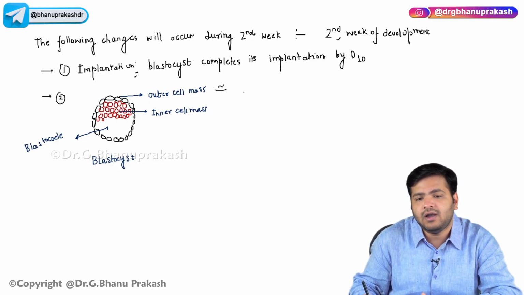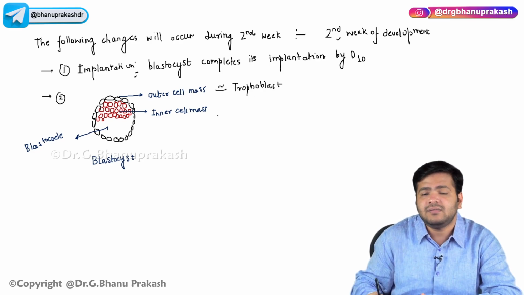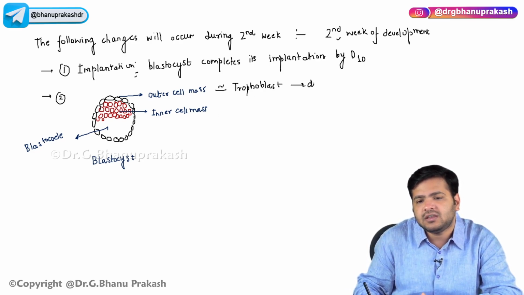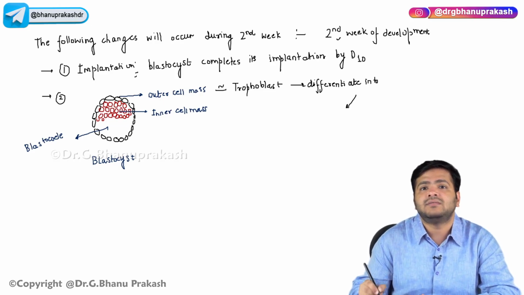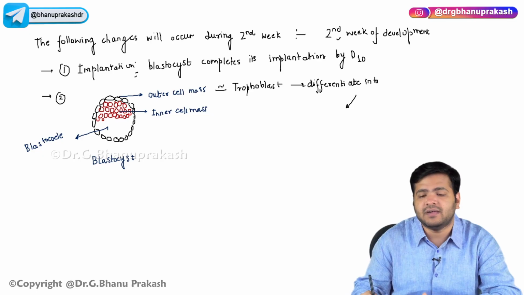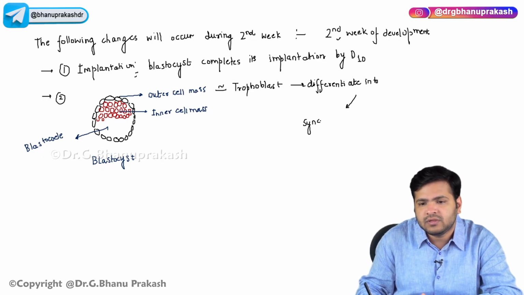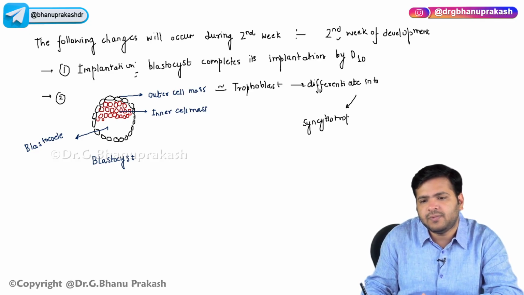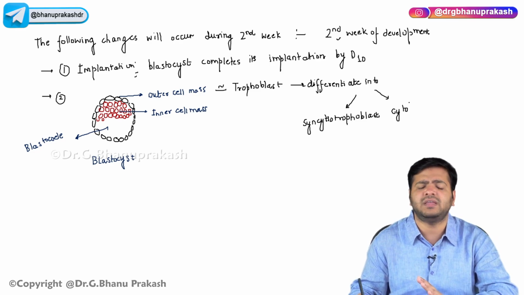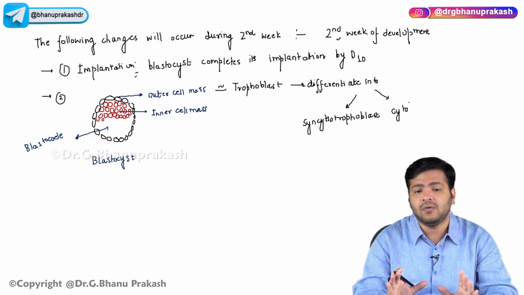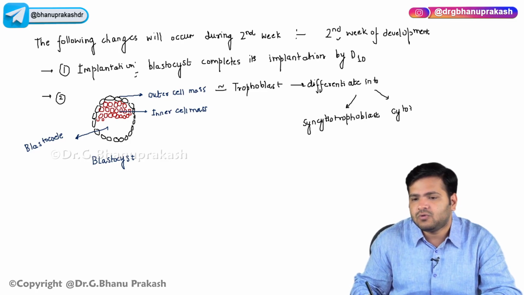And this trophoblast will differentiate into the syncytiotrophoblast and the cytotrophoblast. I will be coming to the structures of both of these, so no need to worry. I'm just giving you an overview right now.